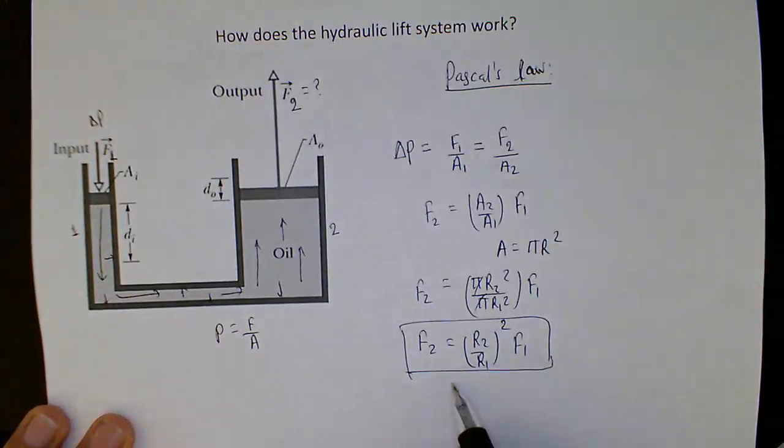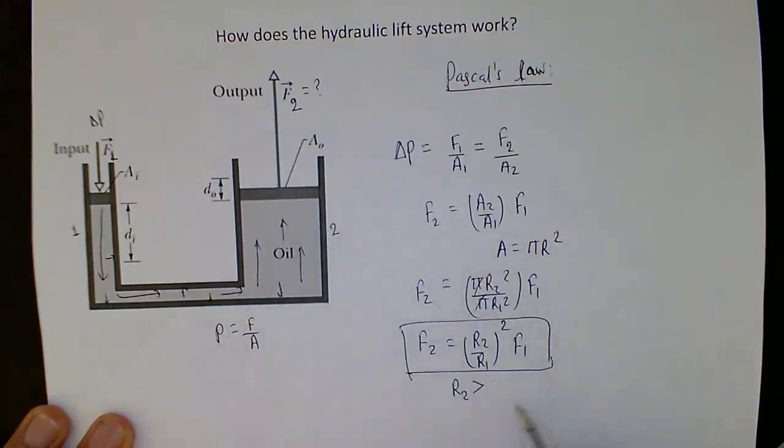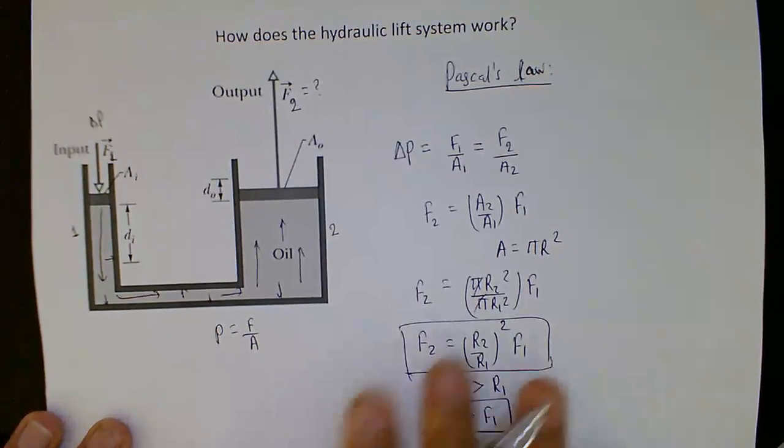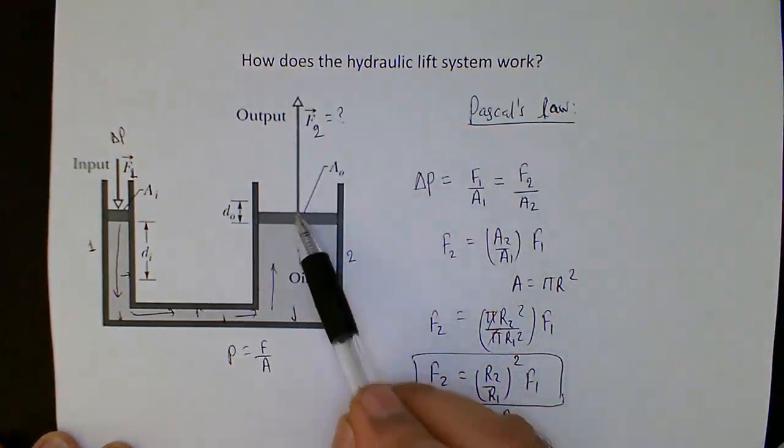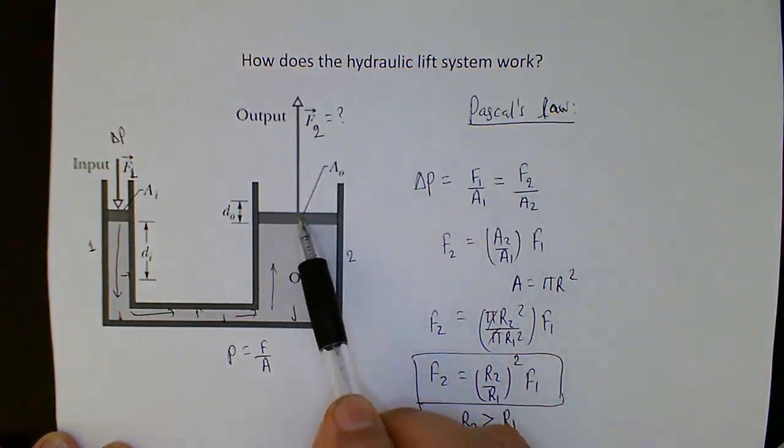As you can see, r2 is greater than r1, since this is the wider tube, so you can clearly see F2 is greater than F1. You can generate a much stronger force in this wider tube, wider piston, compared to here.